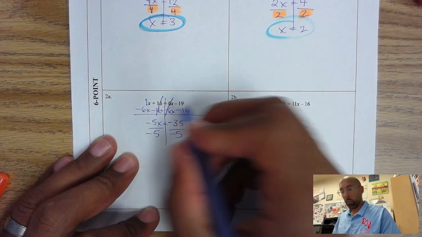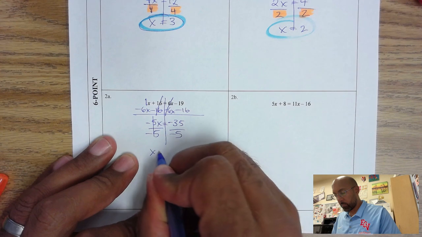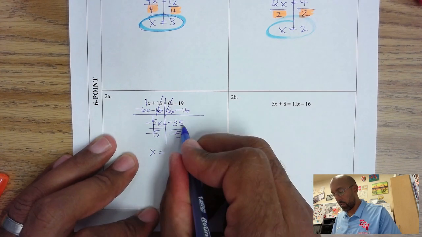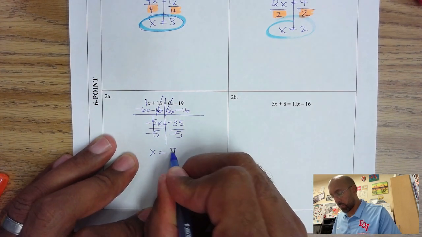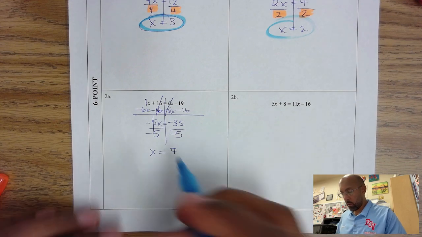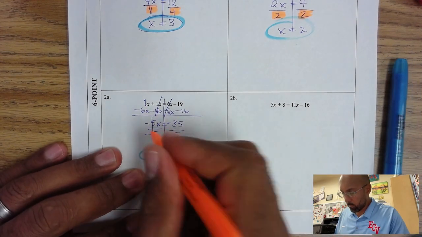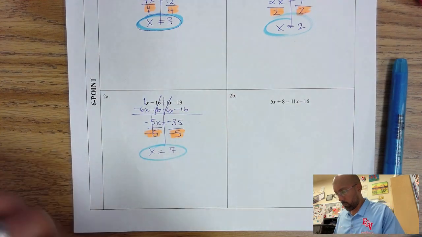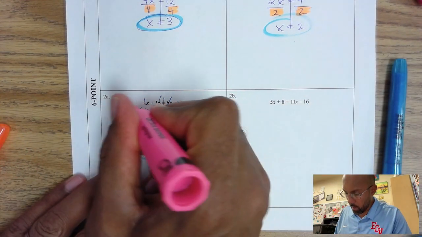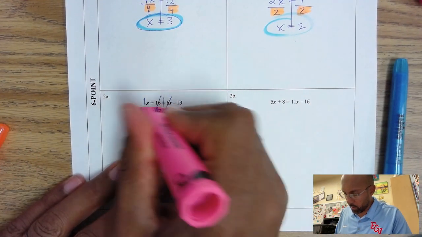And now we get a negative over a negative, becomes positive. Okay, so this will be 35 divided by 5, which is positive 7. A little highlighting just to emphasize what we are doing here.